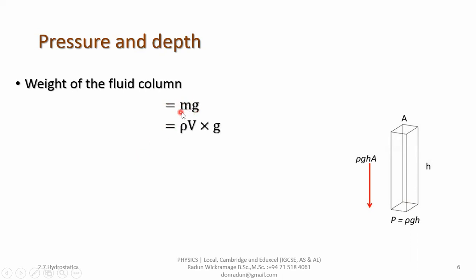What's the mass of this column? That should be the volume of the column multiplied by the density of that fluid. So the weight can be written as rho V times g. And what is V? The volume is the cross-sectional area times the height. So the weight of the fluid column is rho A times h times g.